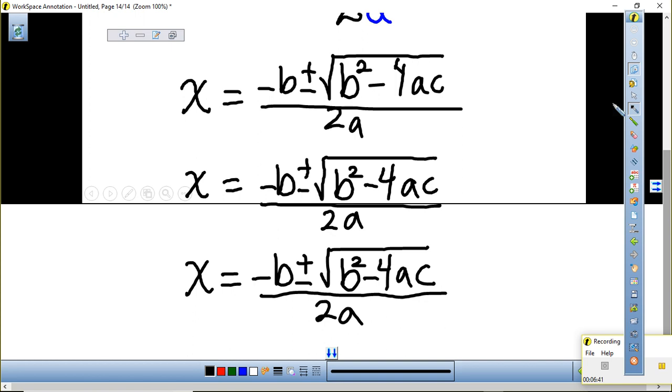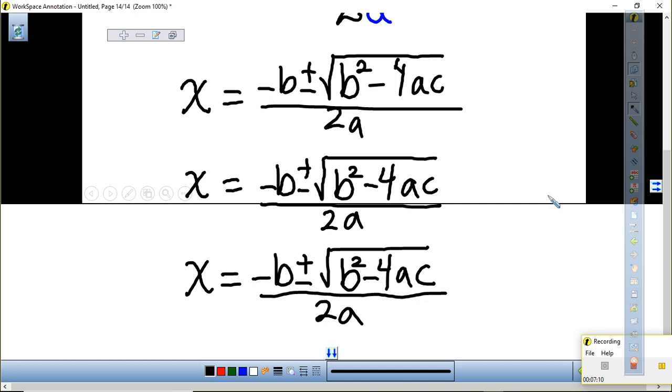Without looking at your notes, try me the quadratic formula. Don't say it out loud, please. Don't look at your notes. Okay, let's see.